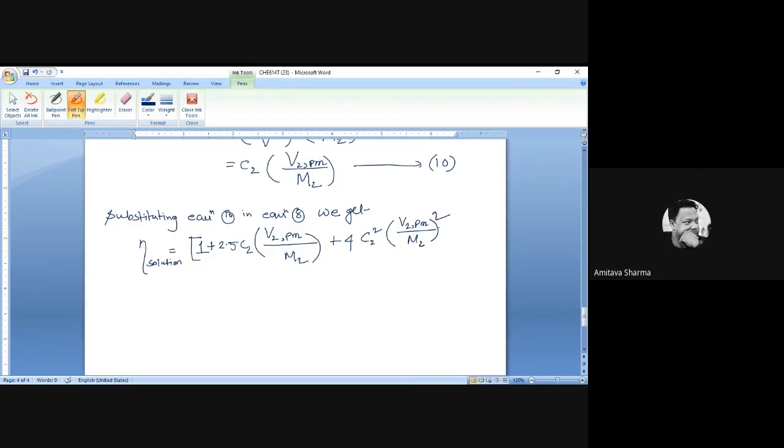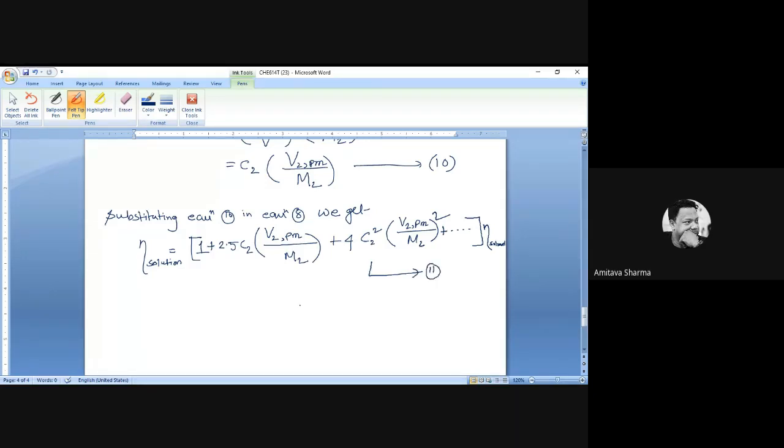So I have put the value of phi there, that is, put the value of the series there. So eta solvent, this is the solvent, so this is equation 11.